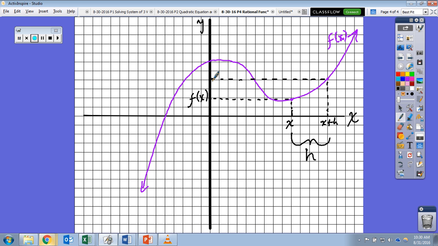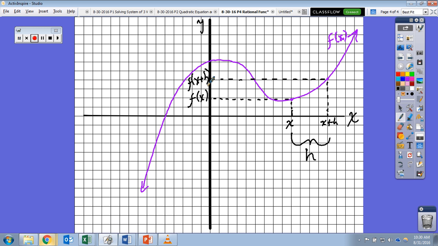But we don't know if it goes up as far as it goes over. Does that make sense? Think of x plus h as a number, like x plus h is 7. It's just saying the function of 7, like f of 7.